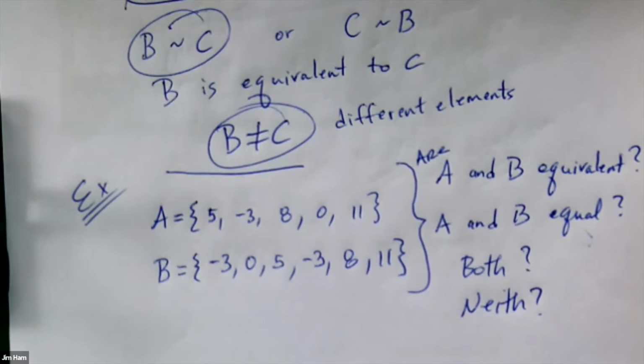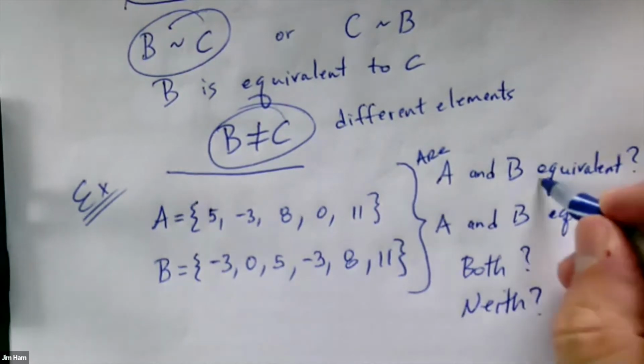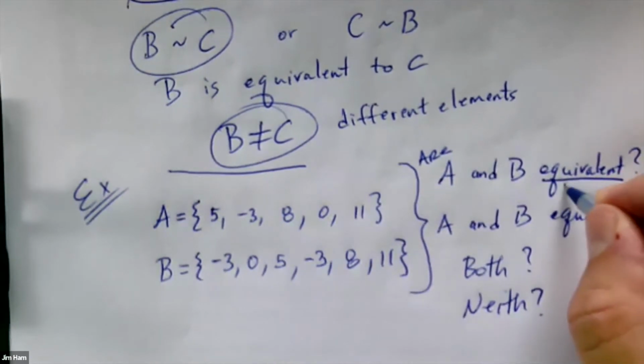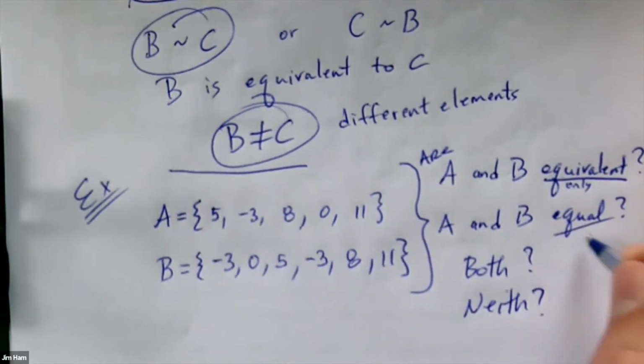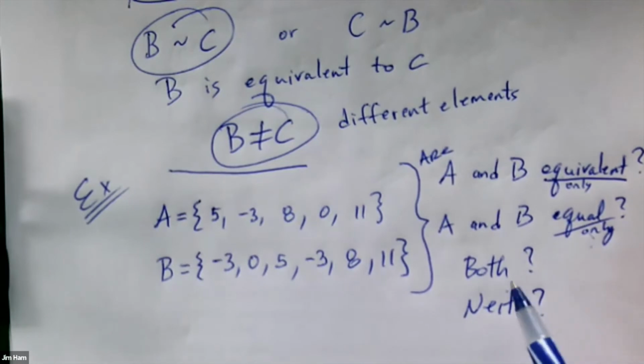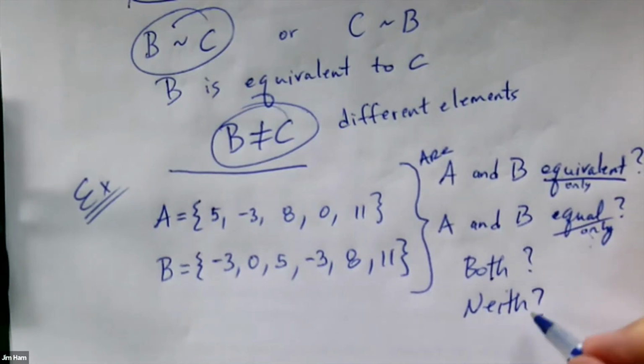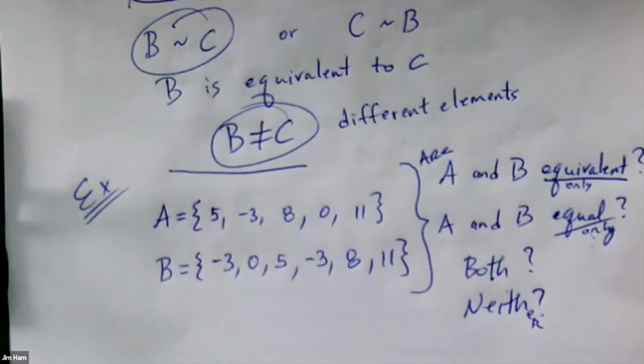Okay, this time, write in the chat one of these 4 words. Equivalent only, equal only, both, or neither. When you're ready. Equivalent only, equal only, both, or neither.